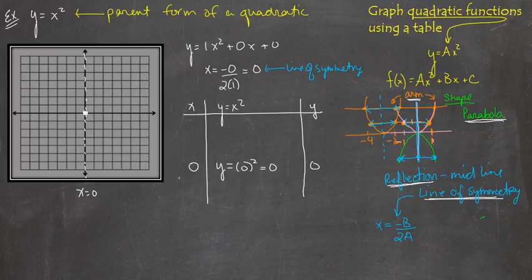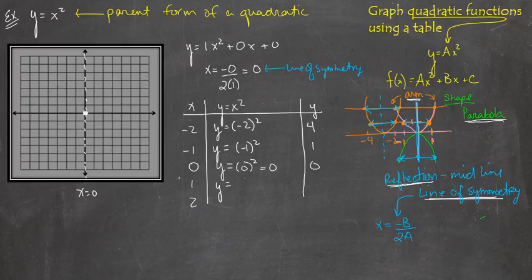And now I want to pick a couple of points on either side of the line of symmetry. So how about we choose -1 and -2, and let's choose +1 and +2, just to get a feel for what happens to that graph on either side, what's happening to the right-hand arm and what's happening to the left-hand arm. y equals -1 squared, which equals 1, and y equals -2 squared, which equals 4.